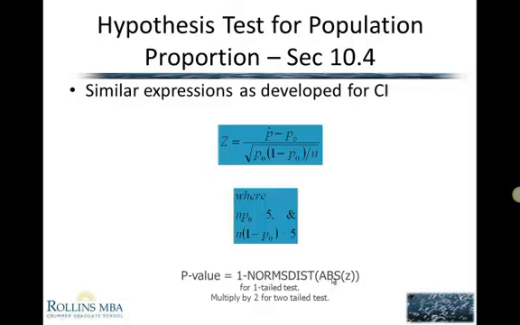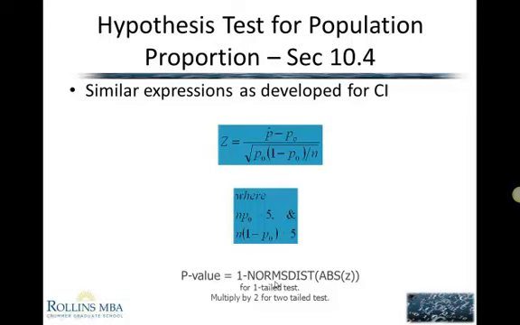So if I want the probability of being at least as far away as some positive z-value, it's going to be 1 minus norm.s.dist of that positive z value. So by taking the absolute value of z, I'm always treating it as a positive z value. And if it's a two-tailed test, I always have to remember to multiply that probability by 2.